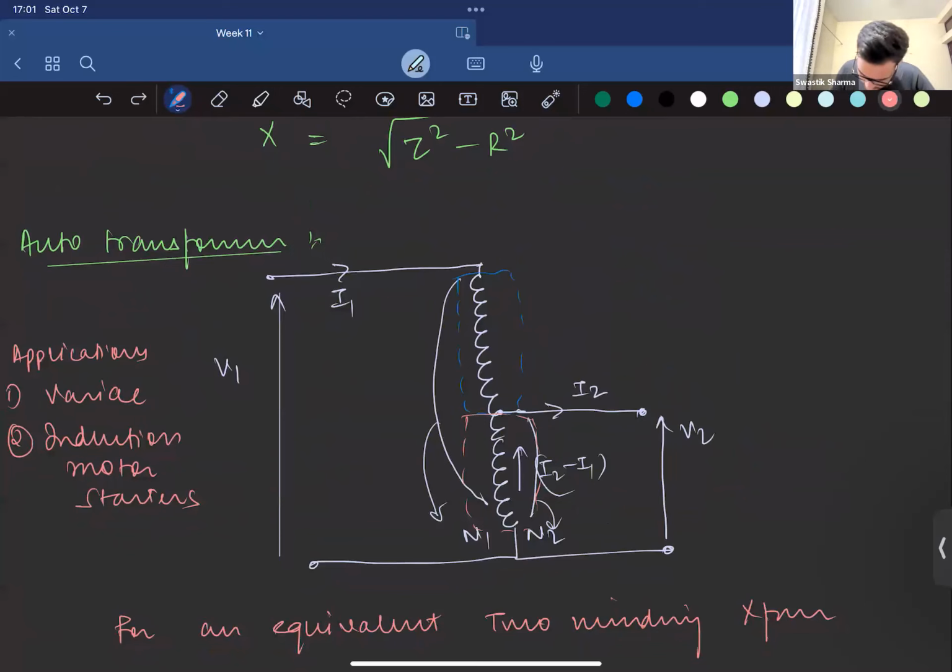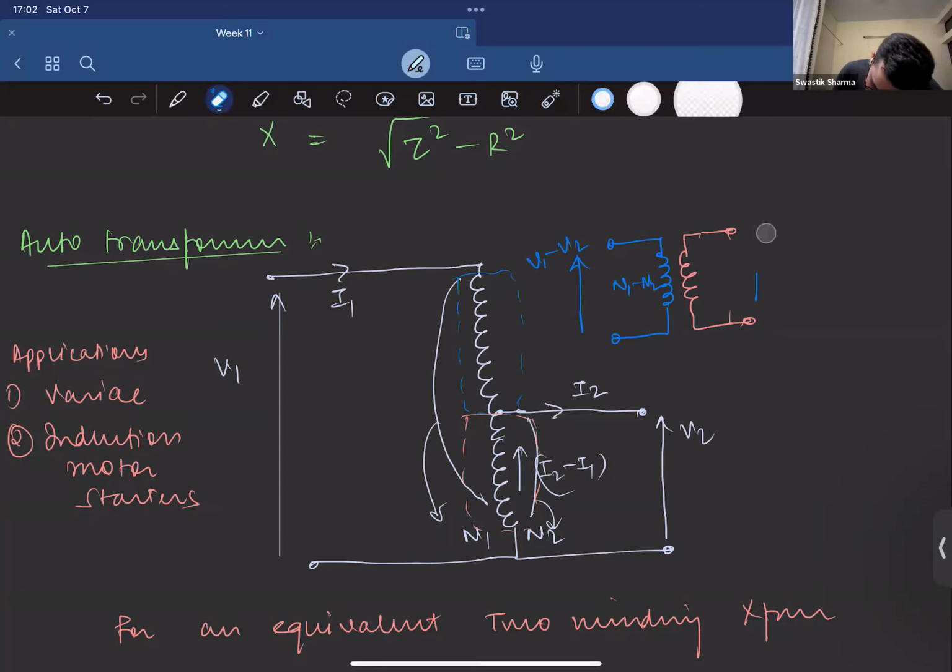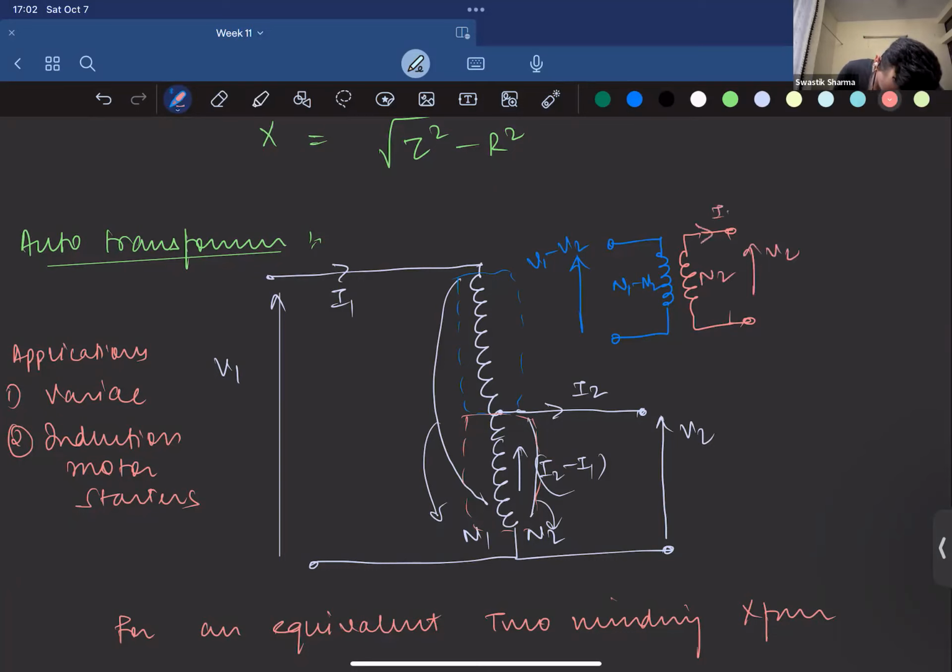I'll draw it with blue and red. So this is how an equivalent two winding transformer would look like. It will only link magnetically, right? Whatever is being linked magnetically, that's what I've shown. So this is N1 minus N2 turns, and this is N2 turns. This is V1 minus V2, and this is V2. Some I2 current, some I1 current.